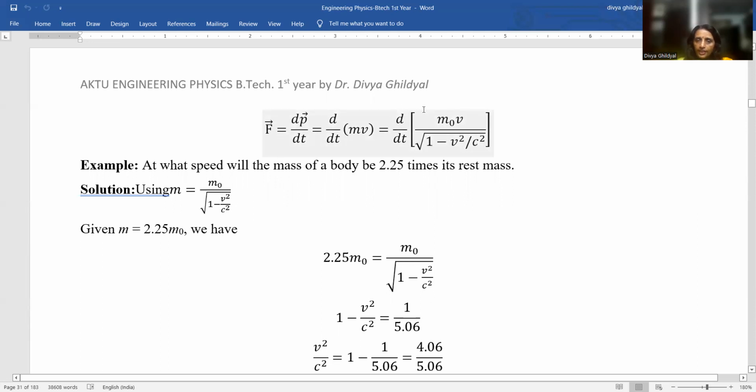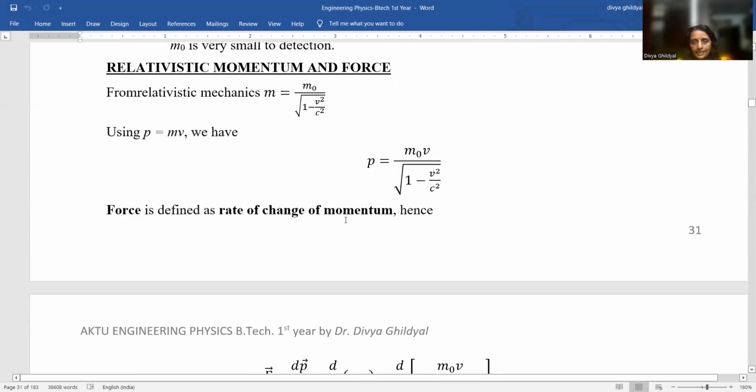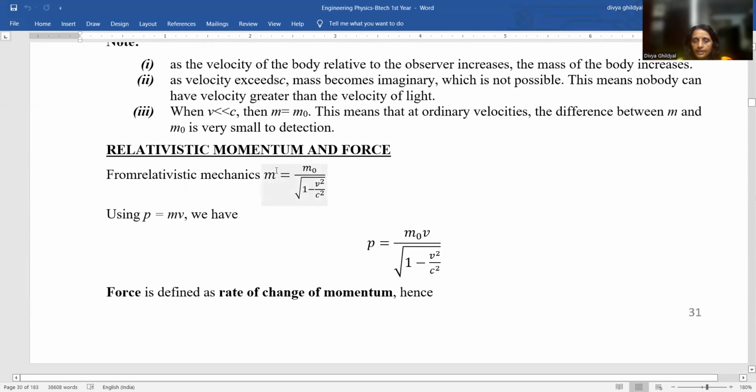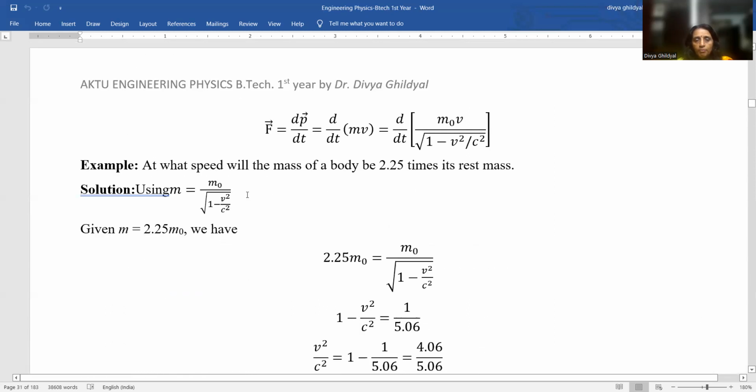Now, this is very easy. Just remember, wherever classical physics gave m, instead of that, for relativistic, put m as m0 upon under root of (1 minus v square by c square). Then you will easily derive the formula for force. You will easily derive the formula for momentum.